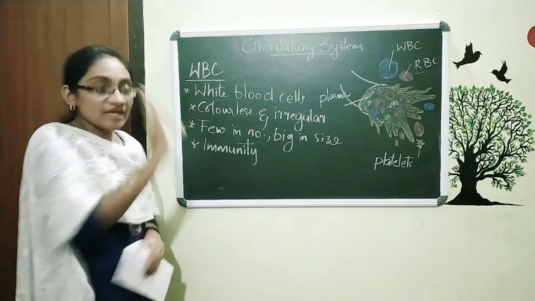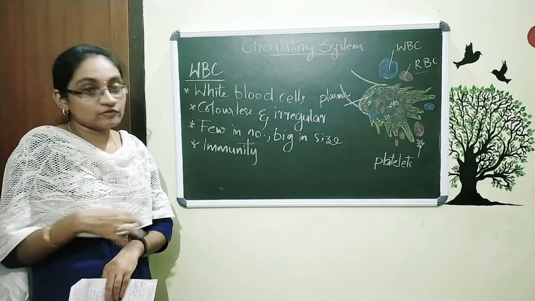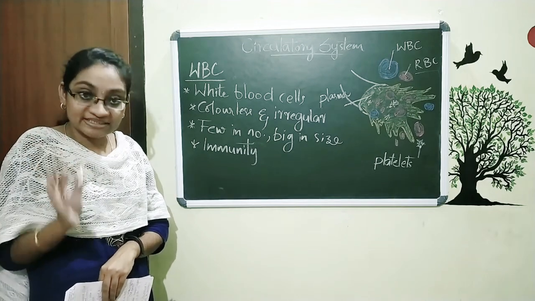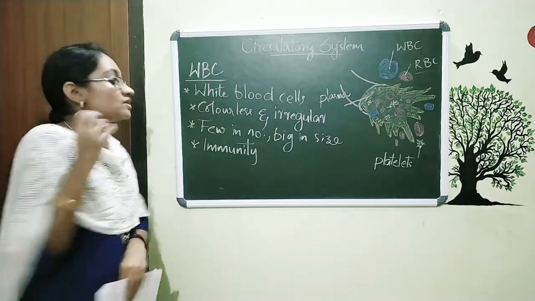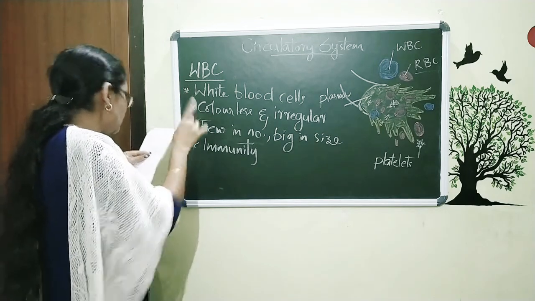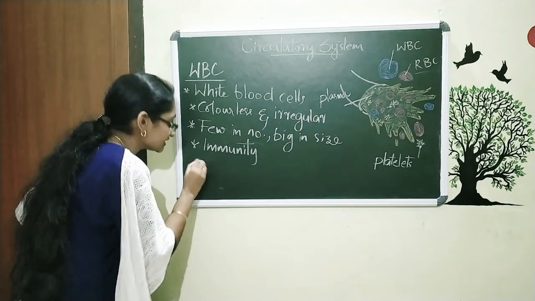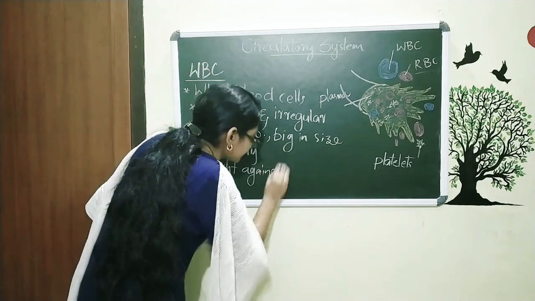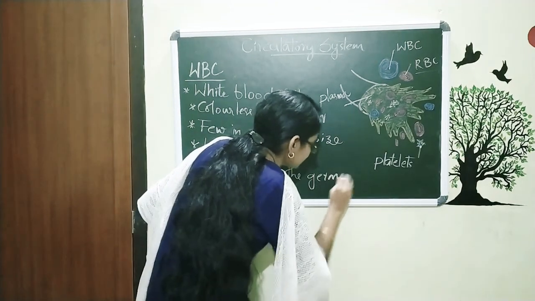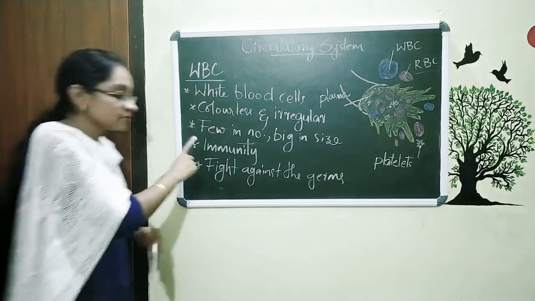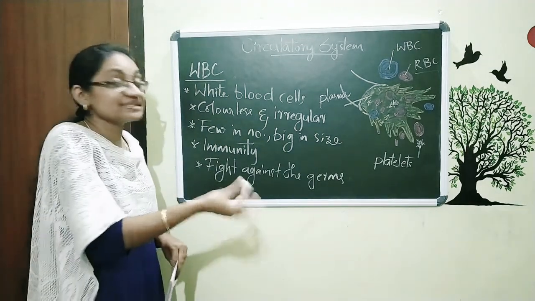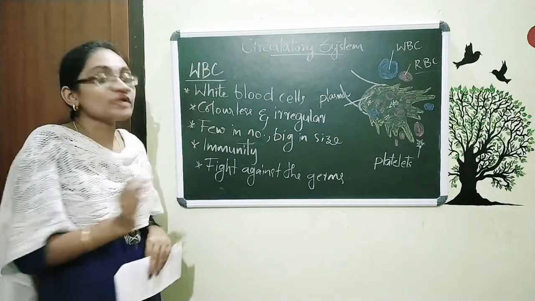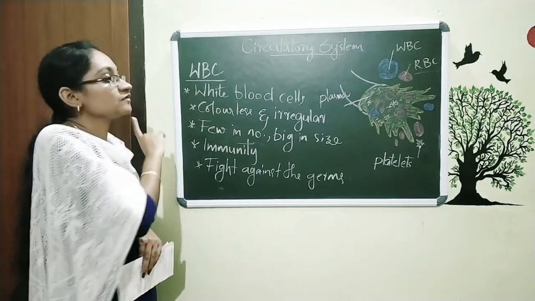That means when certain germs are entering our body, this WBC will attack the germs and protect our body from diseases. Immunity means fighting against the germs that enter our body externally. So this is the function of our WBC.